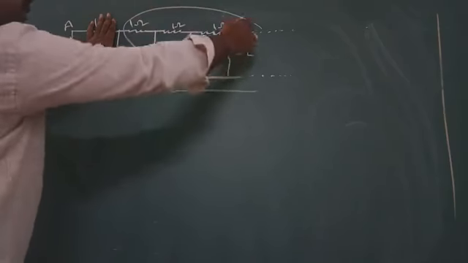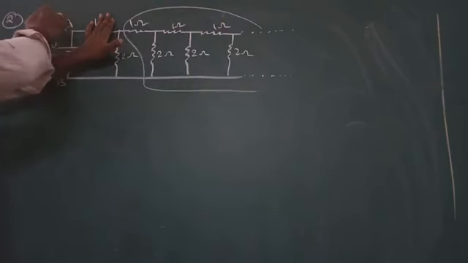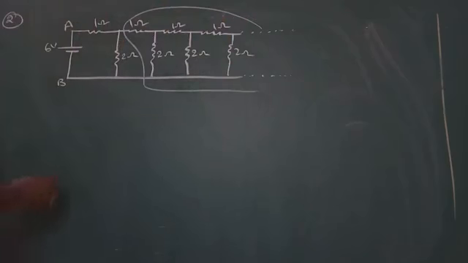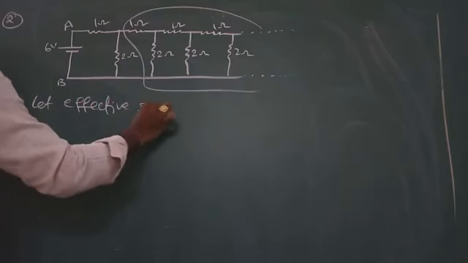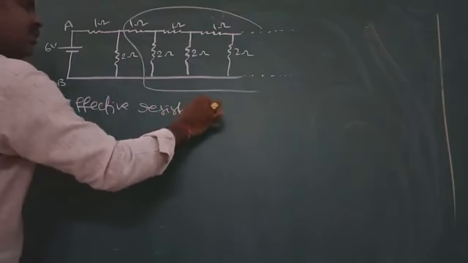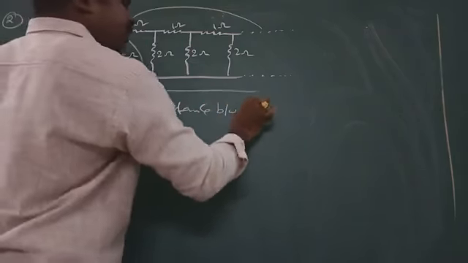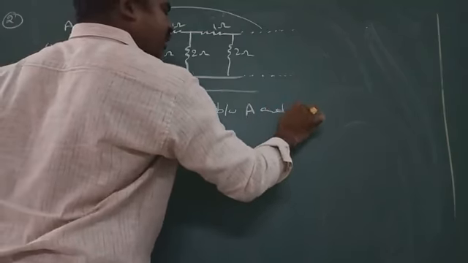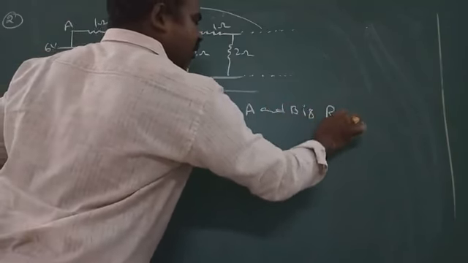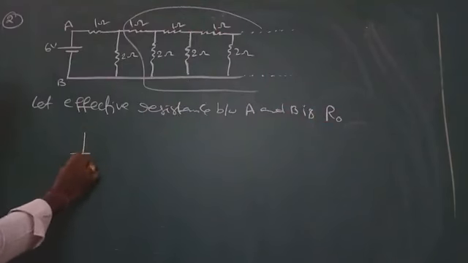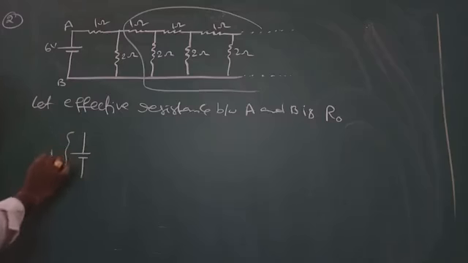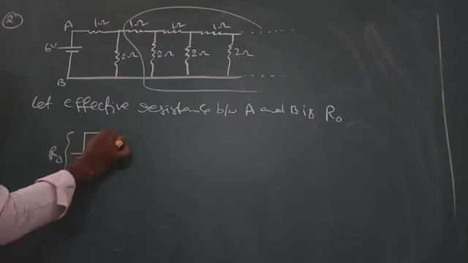This effective resistance is also equal to the effective resistance between A and B. Let the effective resistance between A and B be R0.